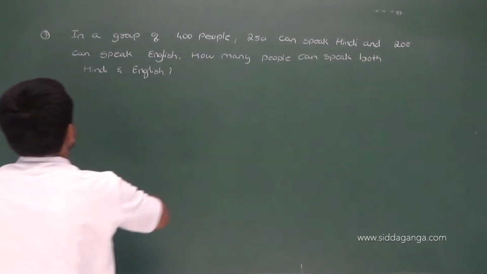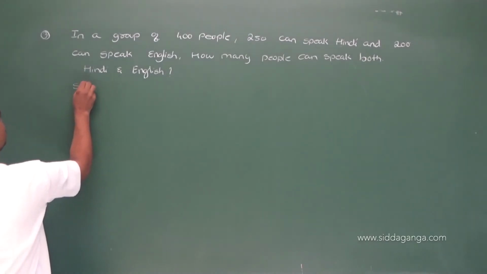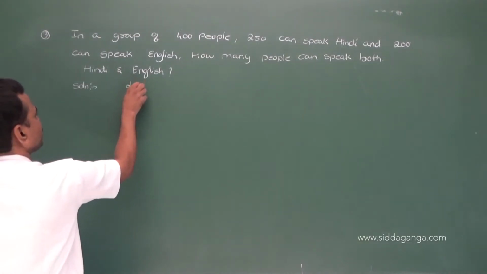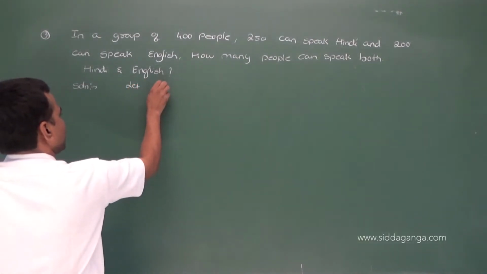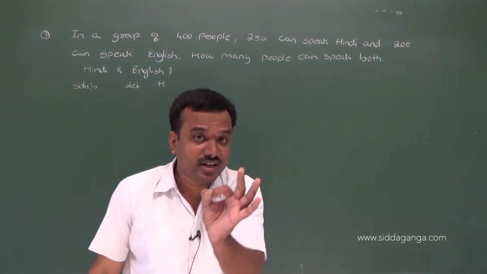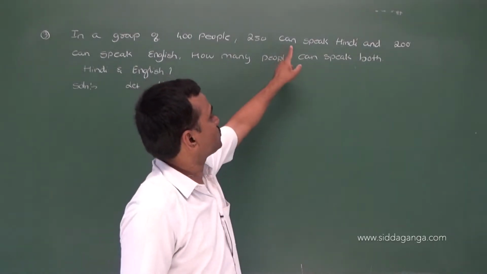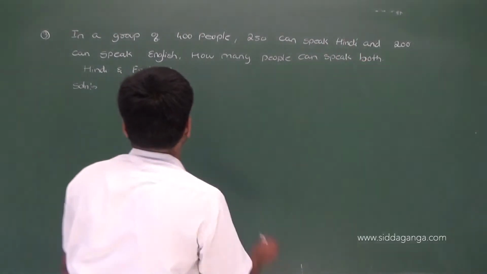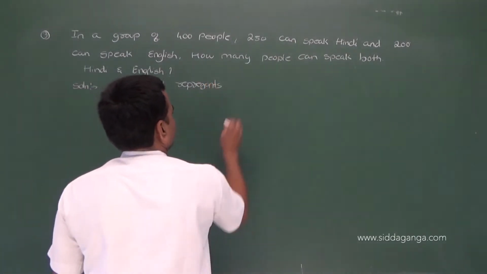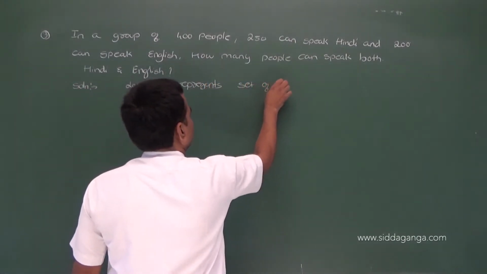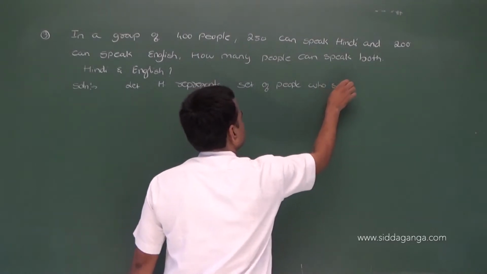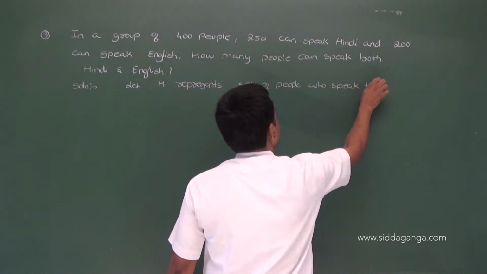What do we do? We write the sets first. Solution. Let H represent the set of people who speak Hindi.